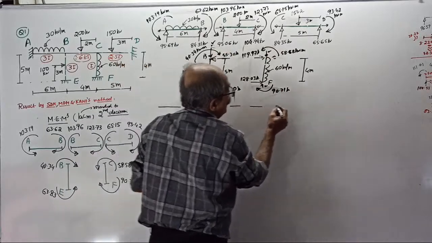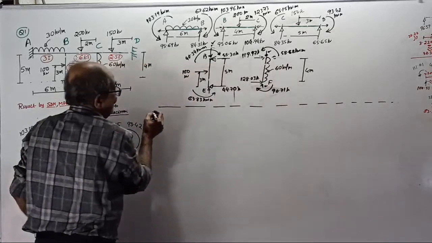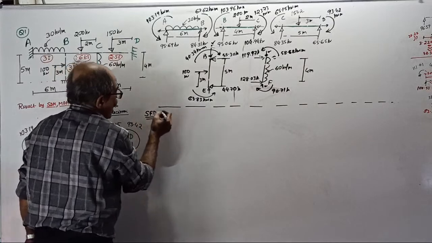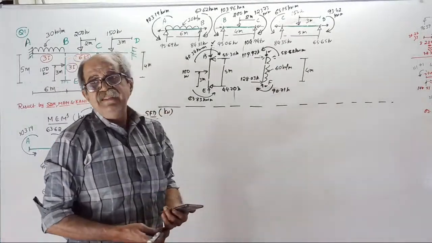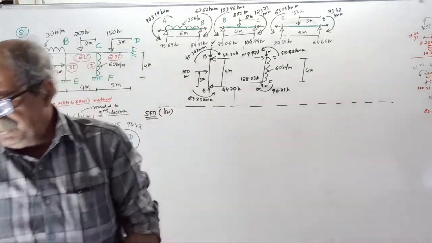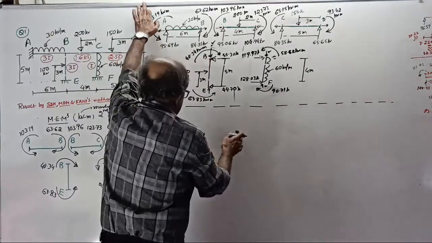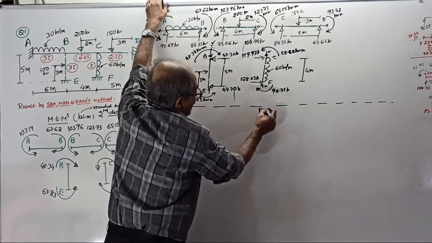Okay, now we will go for shearing force and bending moment diagram. I will first write shearing force diagram here. All values are in kilonewton. Once the shearing force diagram is over, I will go for bending moment diagram.